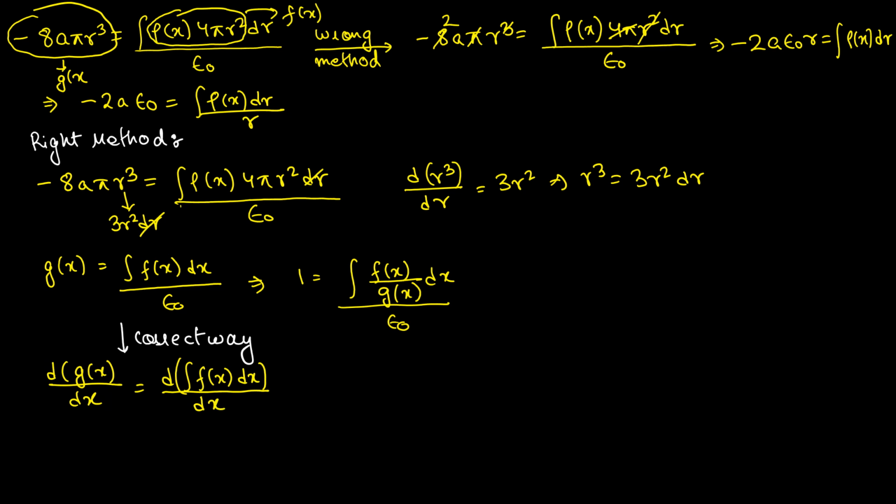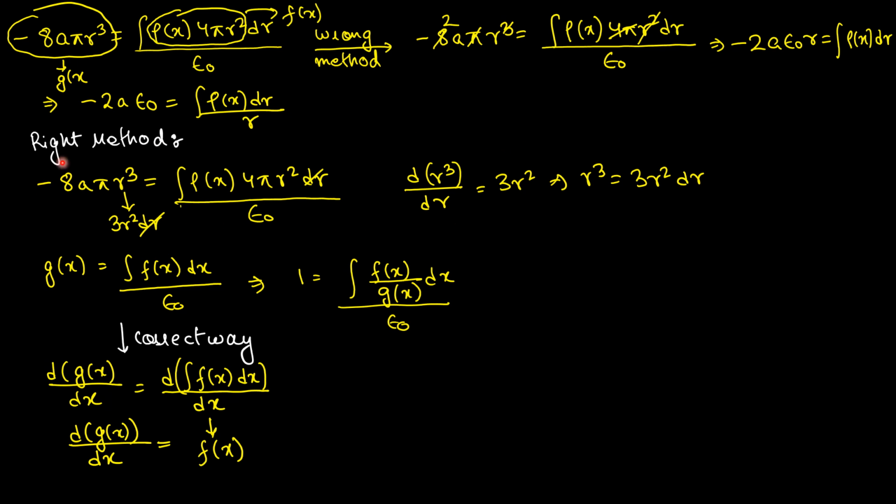Now when I differentiate an integral with respect to x, this term would come as how much? f of x, isn't it? And this term would come as d of gx with respect to dx. So which method is correct? This method is correct, no? This is the exact same thing I have done out here, just explained in a little bit layman's way.